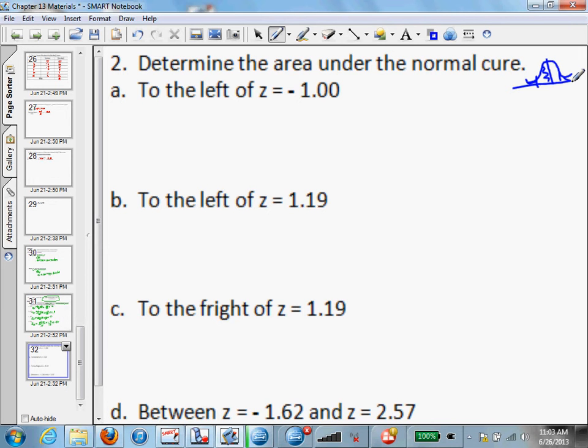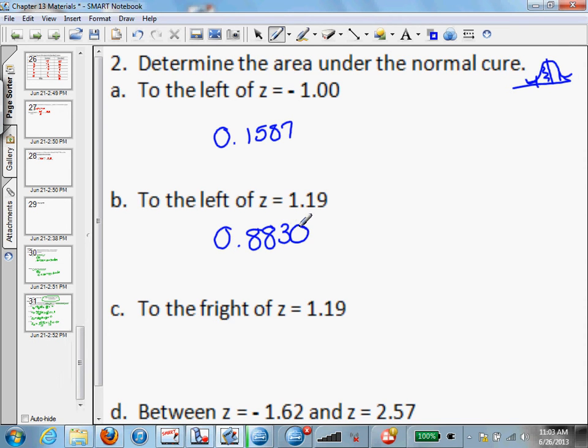It's going to give you the area under the curve chart. And if you're looking for the area to the left of z being negative 1, you're going to find 0.1587.